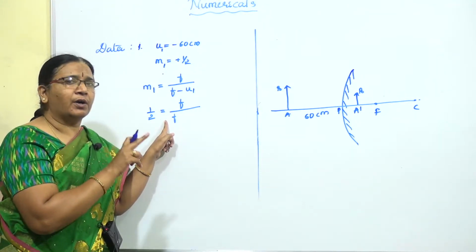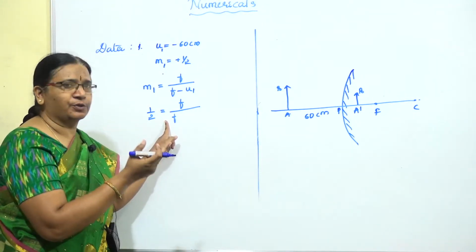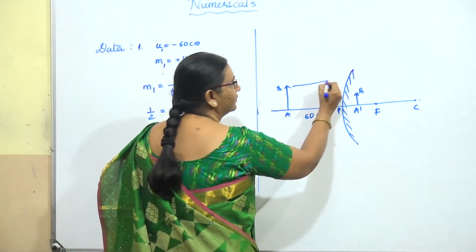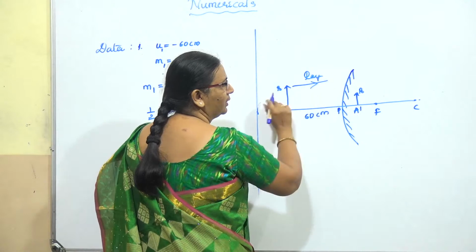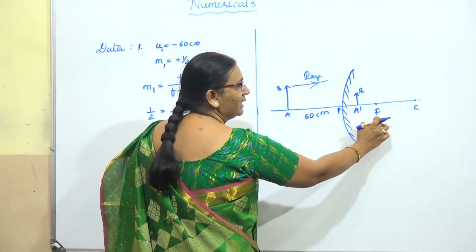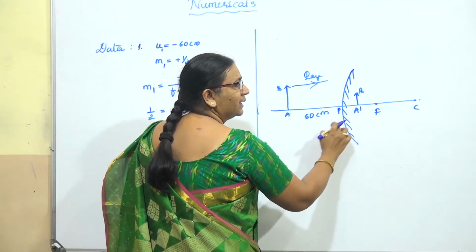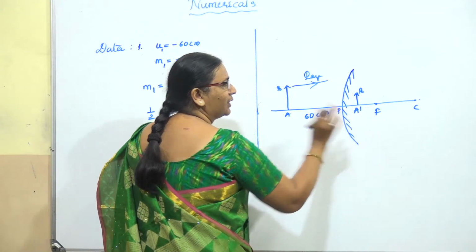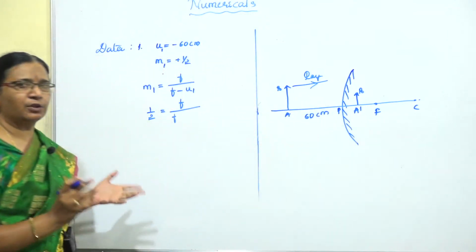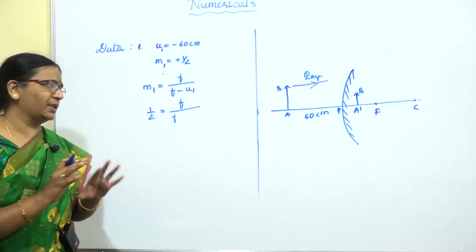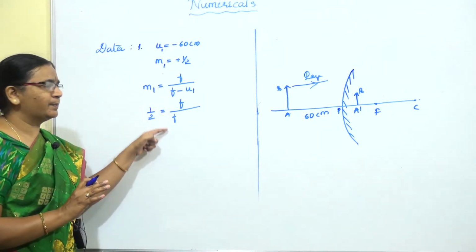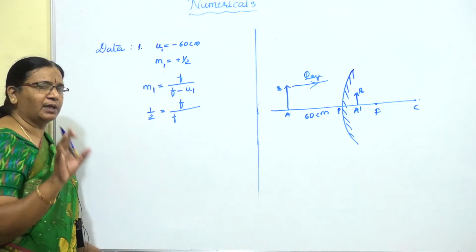Focal length of a convex mirror is always positive, because you measure in the direction of incident ray from the object. That should be positive. So focal length of a concave mirror is negative, convex mirror is positive. That is already fixed. So I have to expect my answer as positive, otherwise wrong.